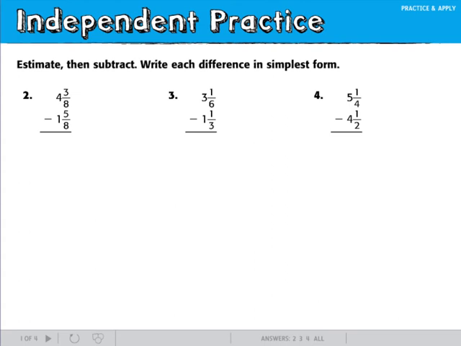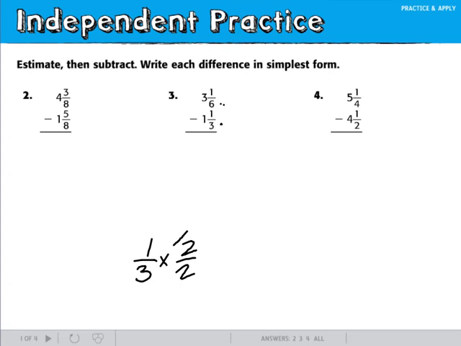Okay. I'm going to do number 3 because it doesn't have a common denominator. Okay? So number 2 you guys should be good with. Number 3. Remember our first step, common denominator, right? So I need to take 1/3 and make it something over 6. So 1/3. What am I going to multiply that by? 2 over 2. Because 2 over 2 is equal to 1 whole.